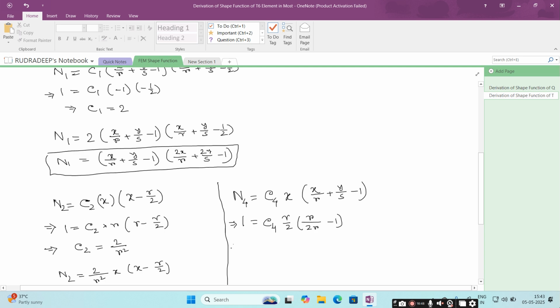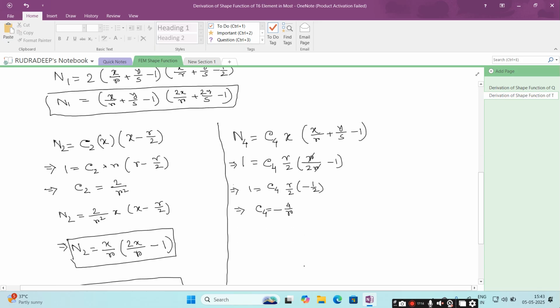This one is c4. So the value of c4 would be, let's write down the other line, r by 2, r will get cancelled and this one will be minus half. So c4 is minus 4 by r.